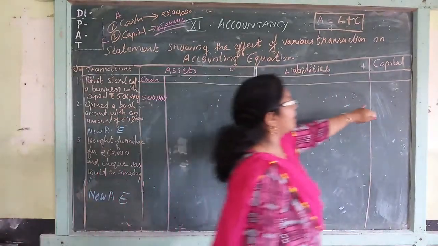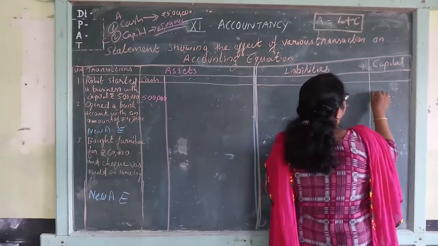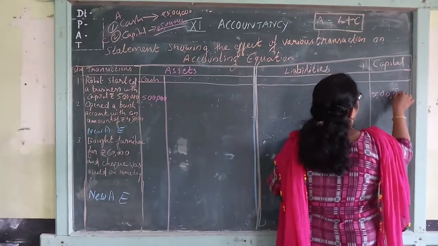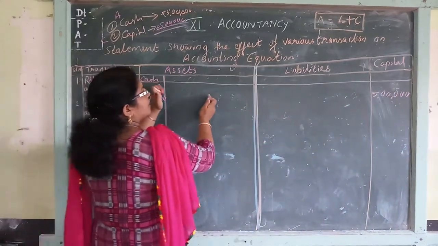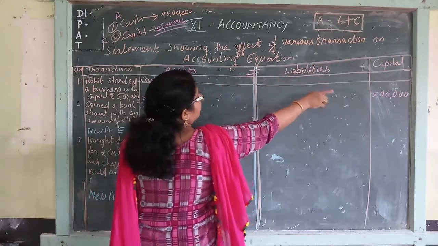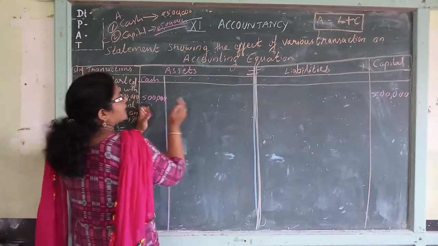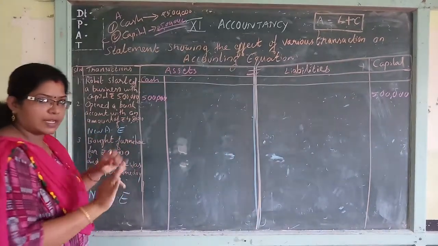At the same time, the liability, capital, also increased by 5 lakh. If you have any doubt, in the first transaction, assets equal liabilities plus capital. Assets is 5 lakh, liabilities 0, capital 5 lakh, both sides are equal, correct.